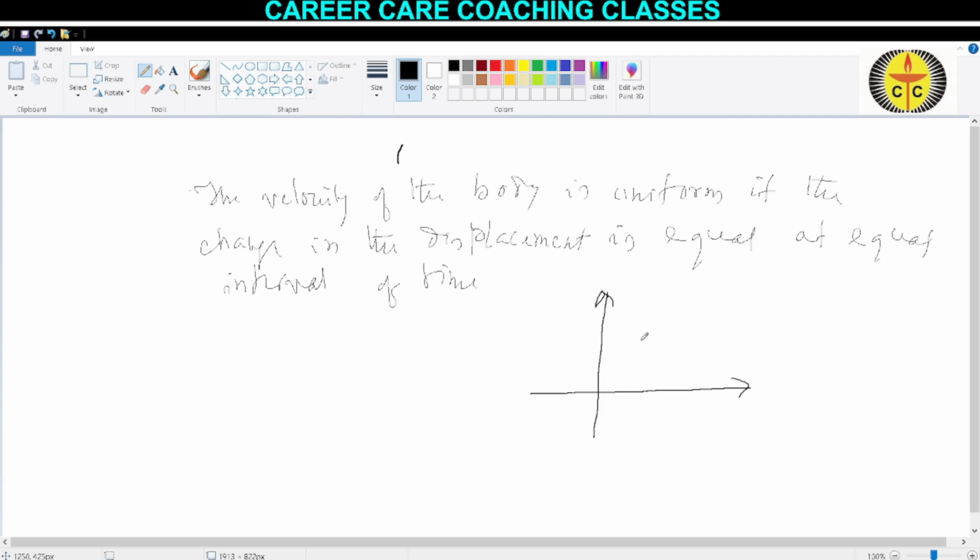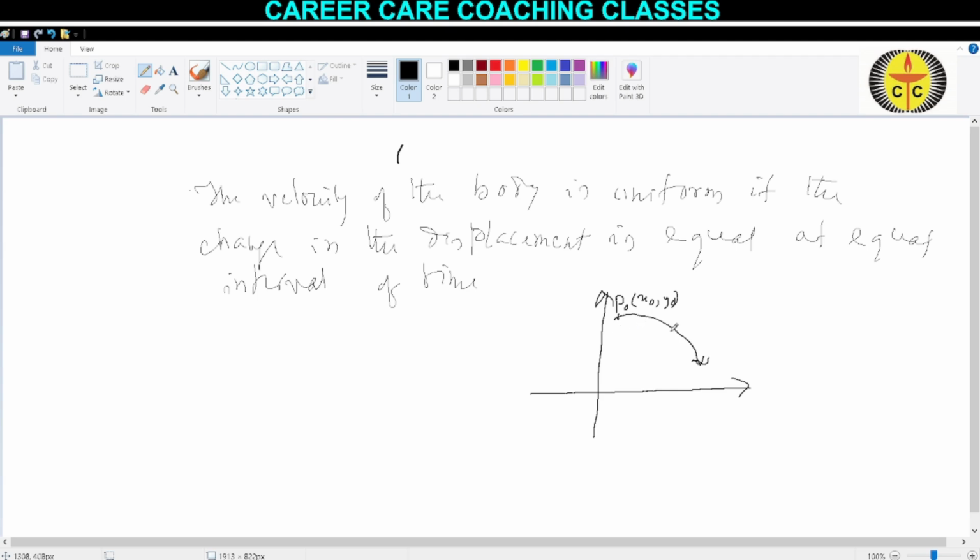Suppose the particle is moving like this. We consider the initial position. Suppose this is P0, denoted by x0, y0.